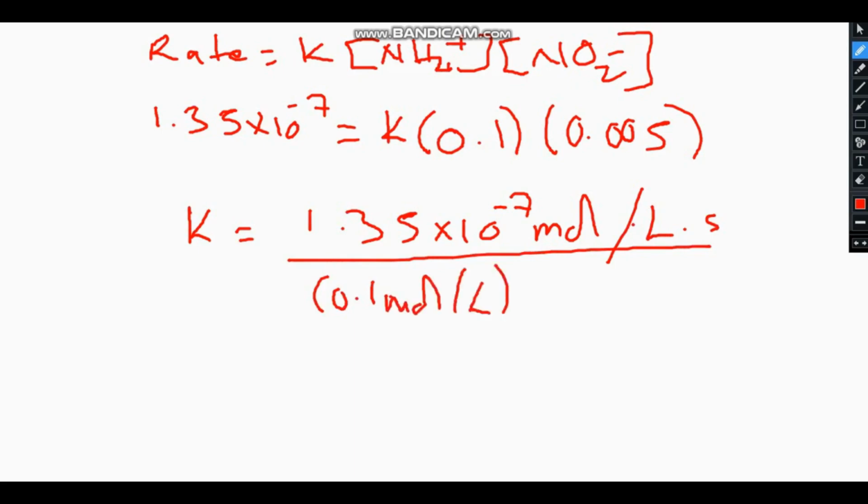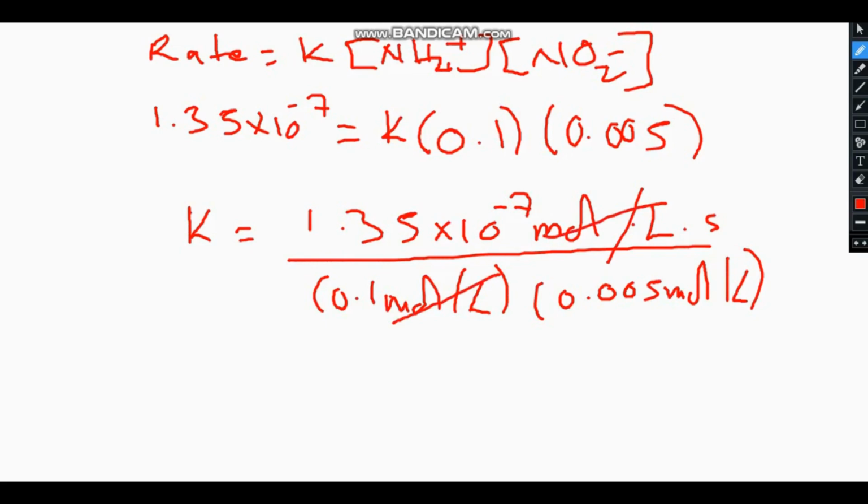and 0.005 moles per liter. With the knowledge you have in dimension analysis, you can see that these units will simplify.